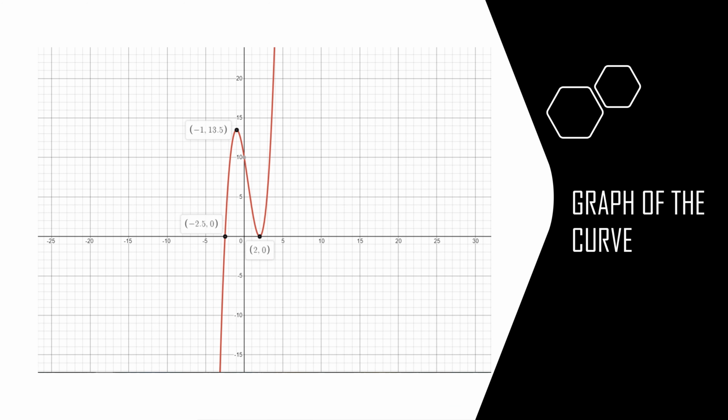Now we have reached the final part of this question, which is sketching the graph. This graph is also known as the graph of the curve. This is the graph.